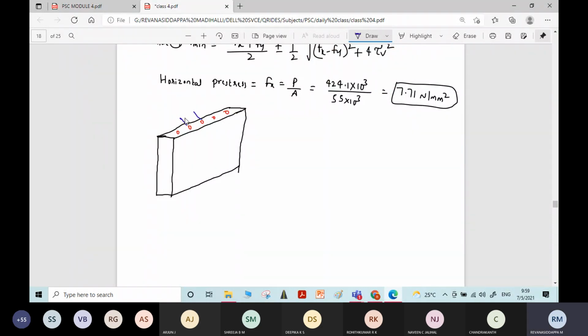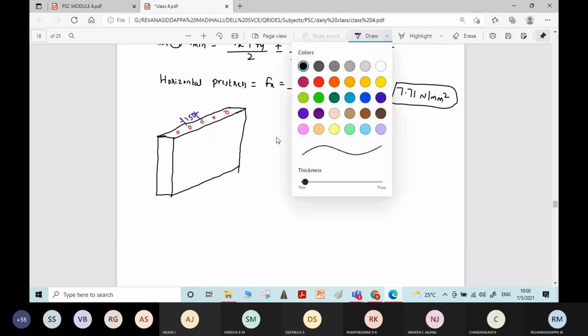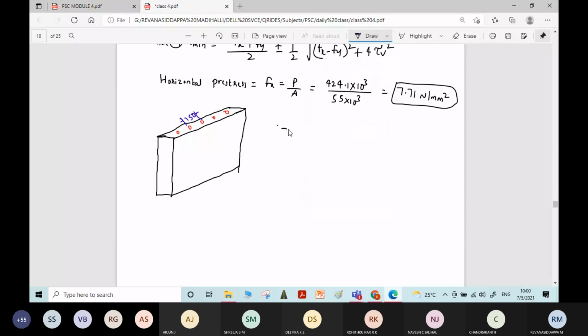The spacing is 150 mm and the diameter of the bar is 5 mm. So we need Fy. I'll draw the plan of the same diagram now. I'm drawing the plan.